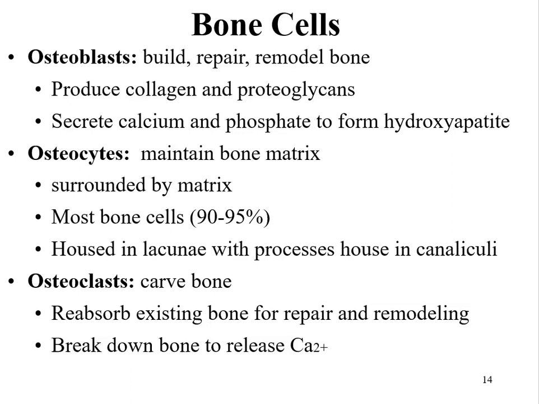Just like when we're babies, we don't have a house of our own, and then as we grow, we can create our own house. Osteoclast, think carve or crusher cell. These cells carve out or crush bone tissue.